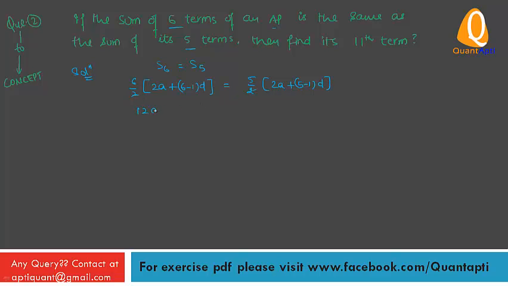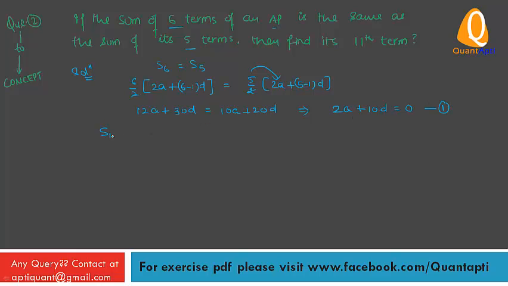So 12a plus 30d is equal to 10a plus 20d. From here, 12a minus 10a, that is 2a, and 30d minus 20d, that is 10d, is equal to 0.